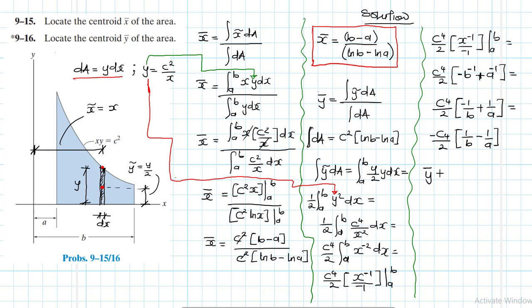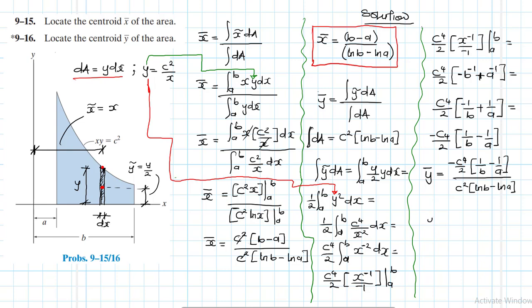Our y bar is equal to minus c to the power 4 divided by 2, 1 divided by b minus 1 divided by a, and then divided by the total area, which we said is equal to c squared times ln b minus ln a.